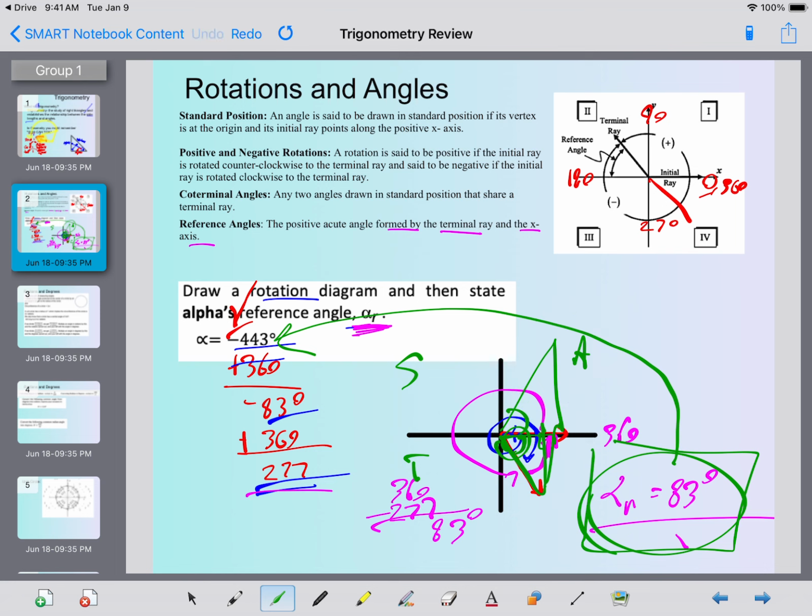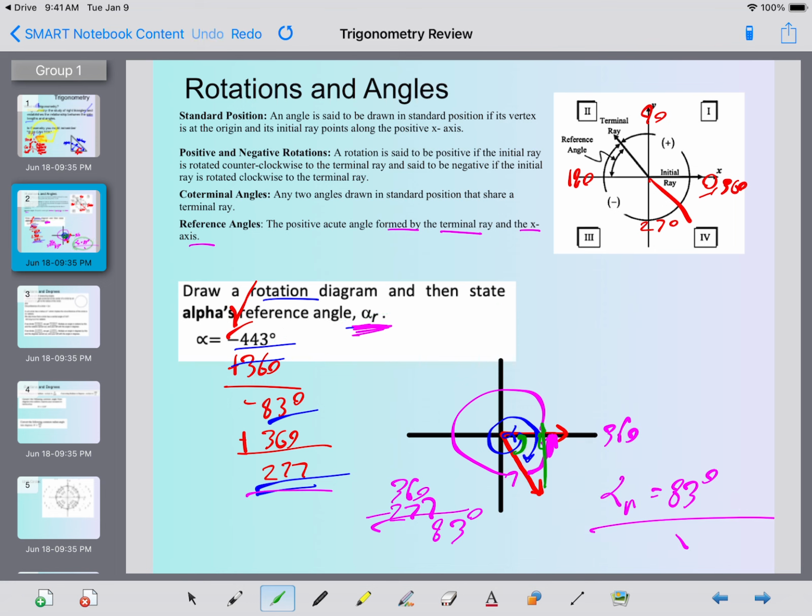That's why reference angles are so incredibly important, because you might not even know that you're using them, but that's what you're doing. When we create that right triangle, that positive acute angle that we're using is the reference angle. But typically we're trying to evaluate the original angle of a specific trig function.